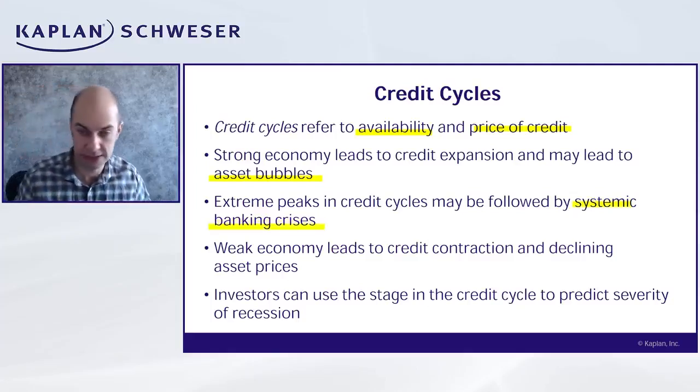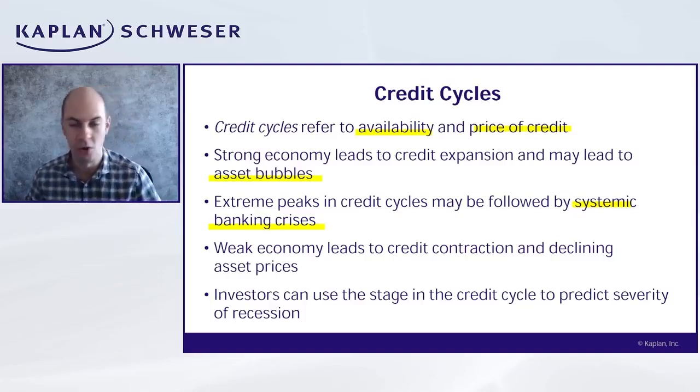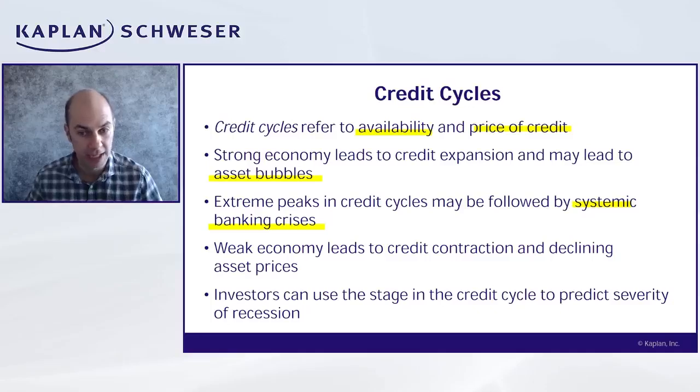And that's exactly what we saw, my friends, in the period 2007 onwards, right? And we saw a fair amount of bailouts and restructurings and consolidations in the banking system.